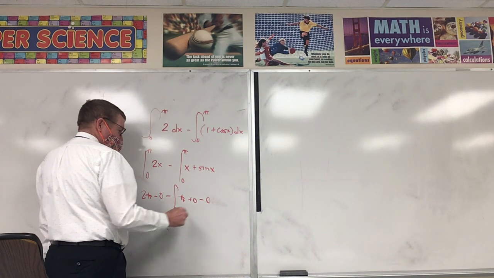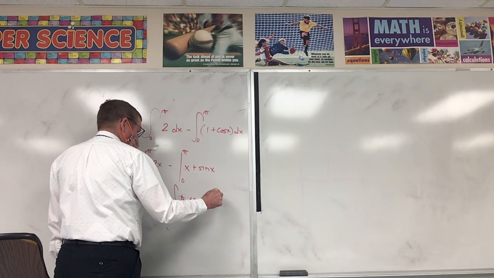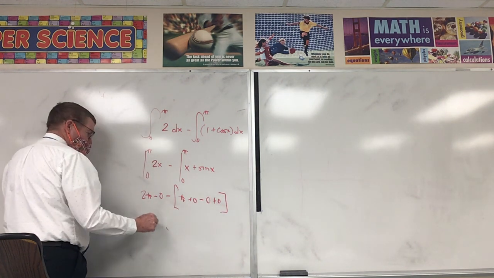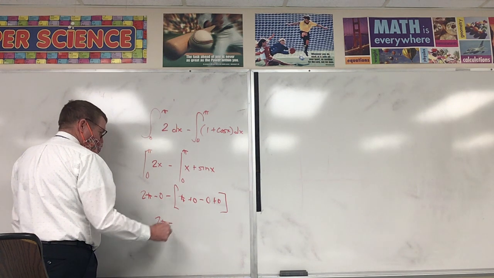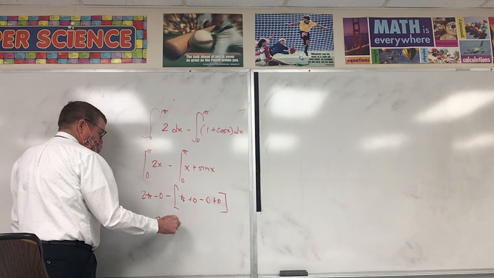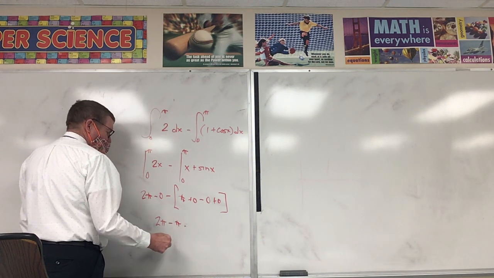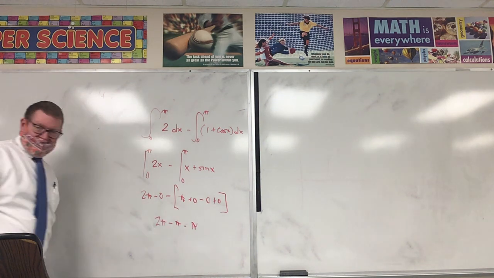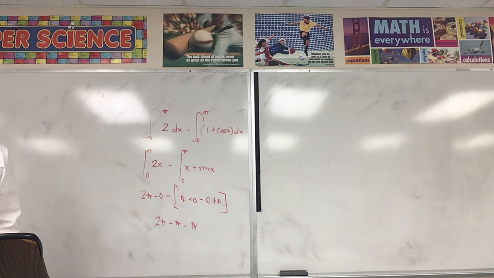Sine of 0 is 0. So we get 2 pi minus pi, which equals pi. So this is how we're using the fundamental theorem of calculus.